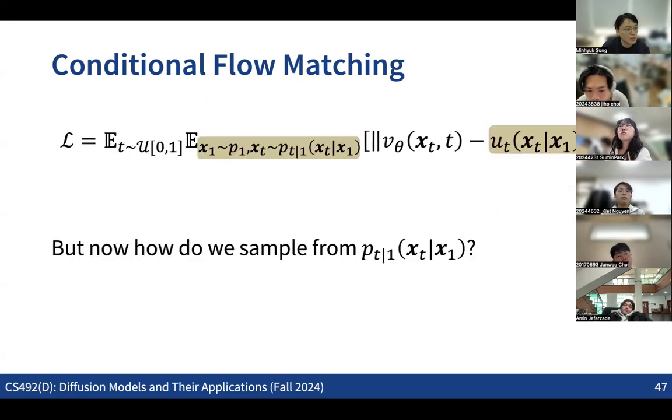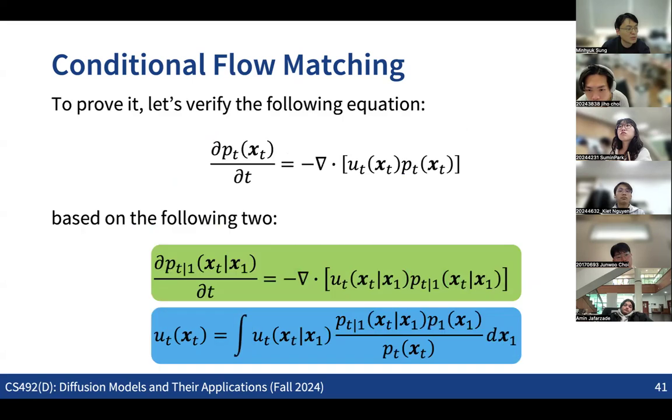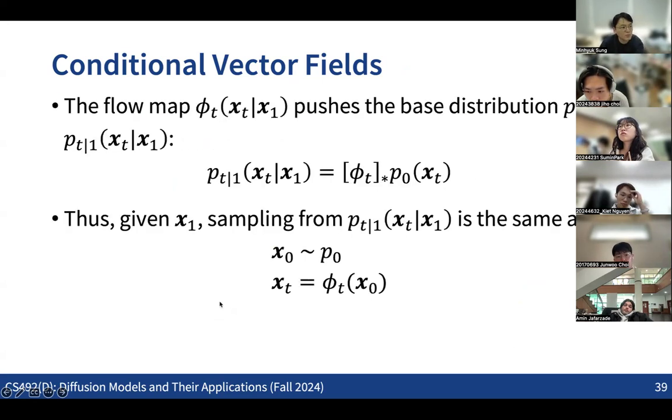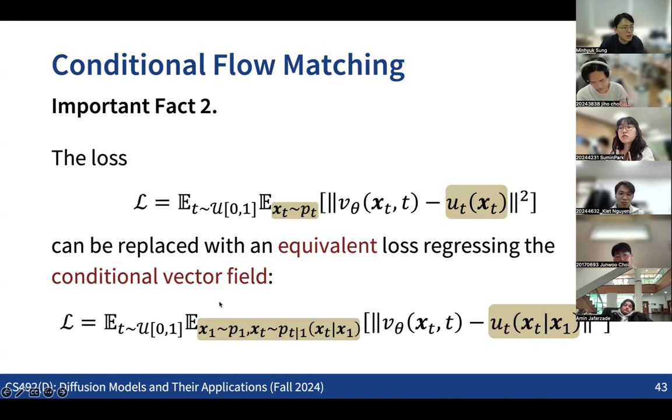So if we go back to the previous slide, what we wanted to see was that there can be multiple ways that you can define the conditional probability paths here. We are specifically considering this specific form using the Gaussian distribution. And for that, we are also specifically considering this flow map and also this vector field, right? Given this combination of the conditional probability path, the conditional flow map, and the conditional vector field, we could first convert the loss function into this form, in terms of the conditional vector field here.